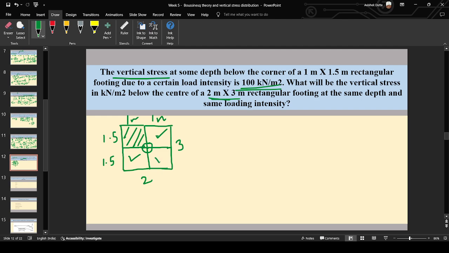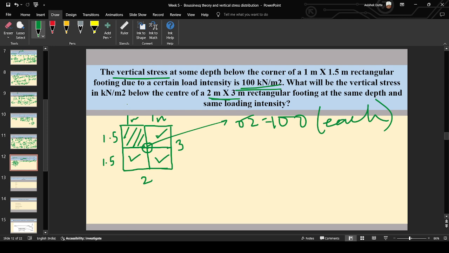And again at last for this particular block also, it is 1 meter by 1.5 meter rectangular footing, due to which a vertical stress of 100 kilonewton per meter square will be exerted at the corner of the footing, that is at the center of the entire block. So you can see that at each corner a value of sigma z equals 100 is being exerted for each block.